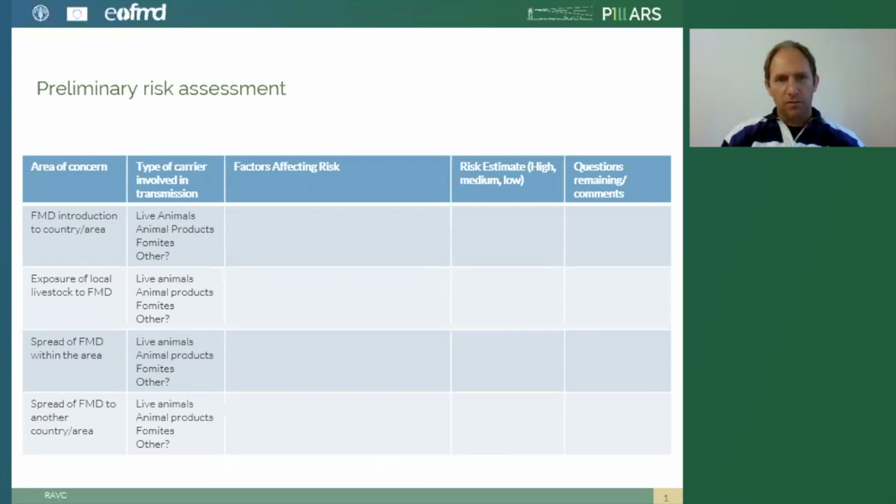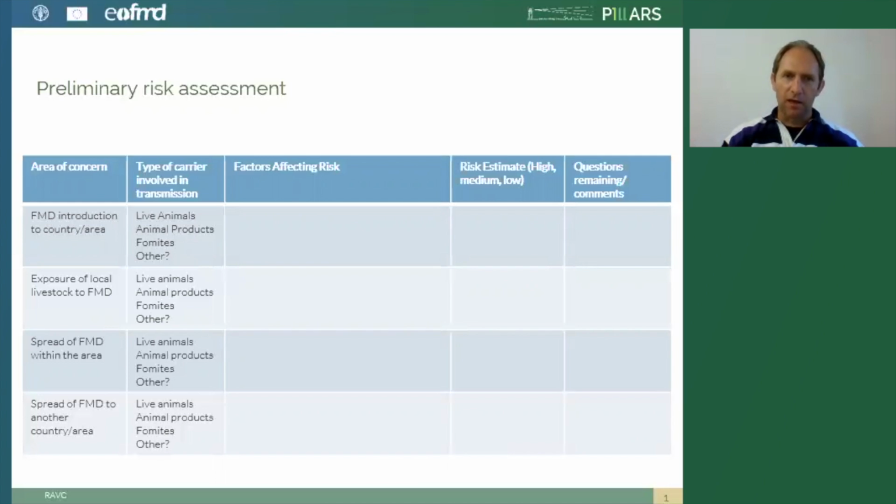So we'll first, for a value chain, consider what is the risk of foot-and-mouth disease introduction into the country or area. And so here we're screening different possible ways that foot-and-mouth disease can enter. So consider live animals, animal products, other fomites, and you may have other means of spread that you consider.